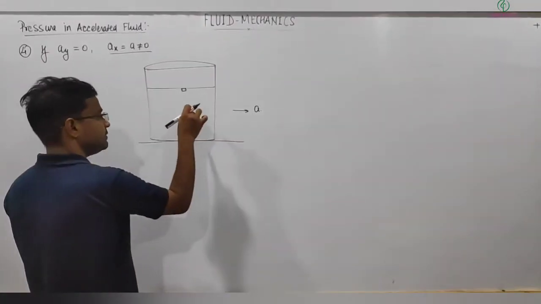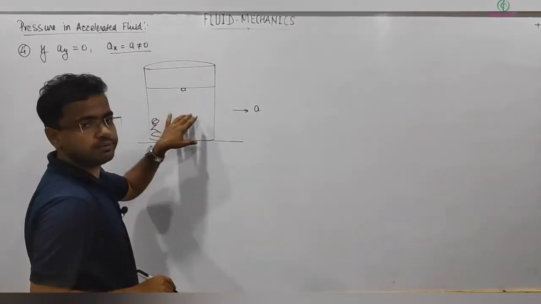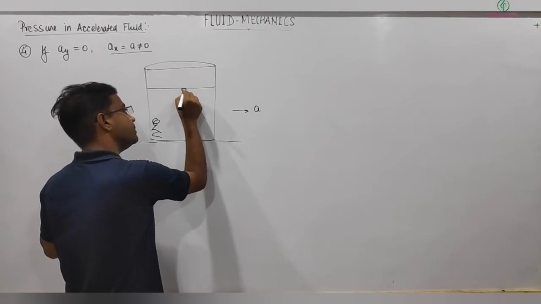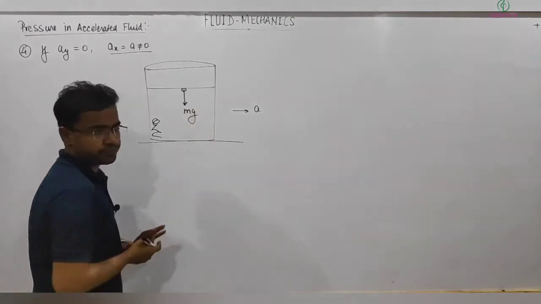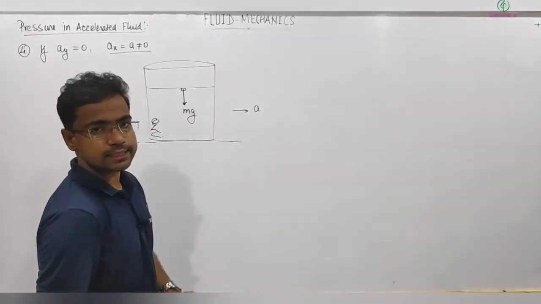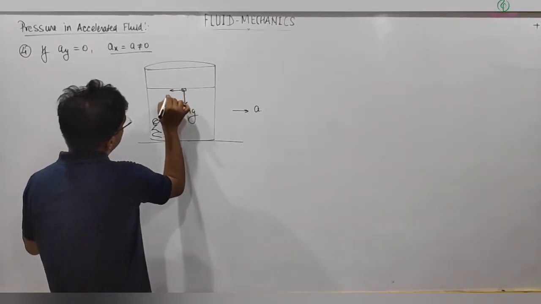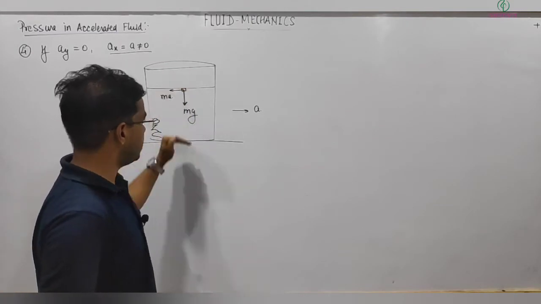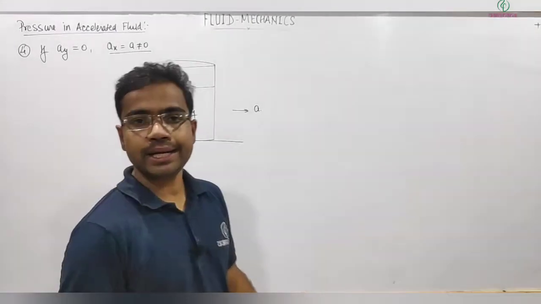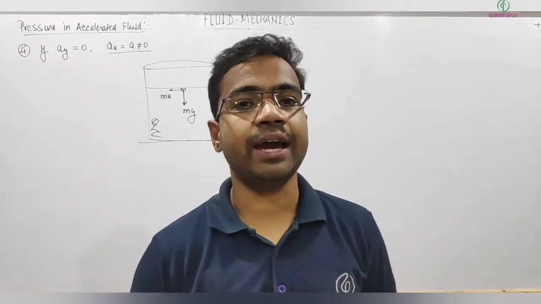Looking at this element from the frame of the container, the force acting on it is mg, if m is its mass, and because the container has acceleration a in the right direction, there will also be a pseudo force, which will be ma. Now mg acts normal to the surface, and we know that liquid can bear normal stress, so there is no problem with mg.